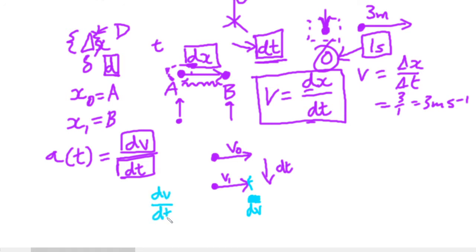It is the rate of change of the particle's velocity with respect to time, which is expressed in units of velocity per second, meters per second squared.